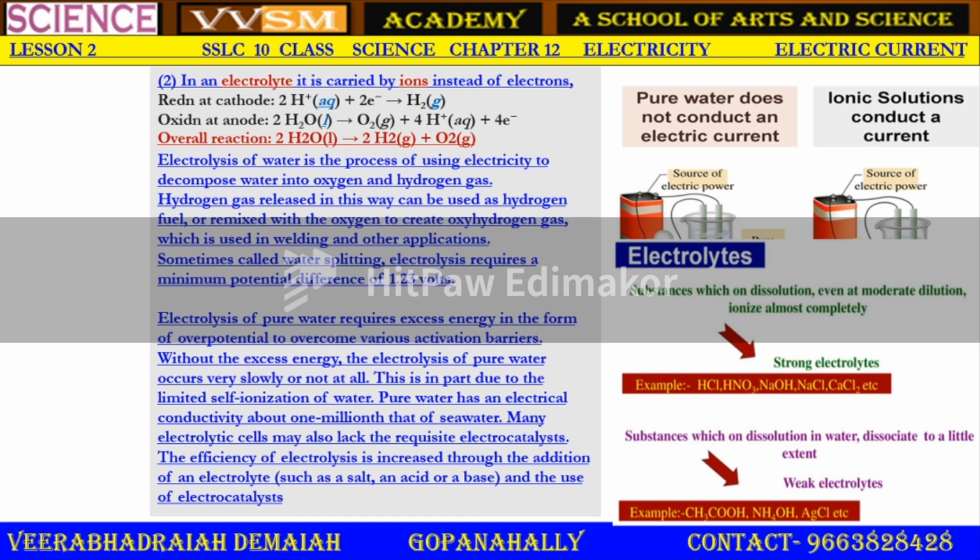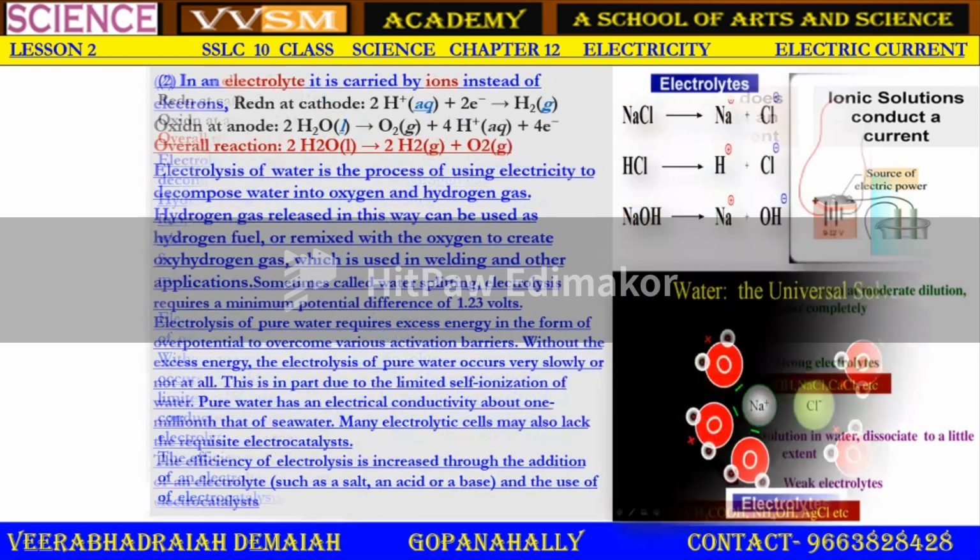Strong electrolytes are the substances which on dissolution, even at moderate dilution, ionize almost completely. It is quite opposite to the electrolytes which are ionized partially or not at all, which are weak electrolytes. Substances which on dissolution in water dissociate to a little extent are called weak electrolytes.